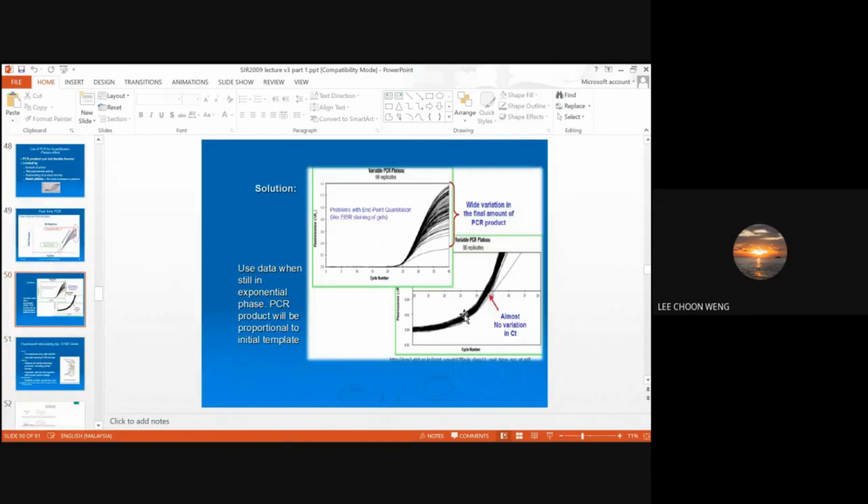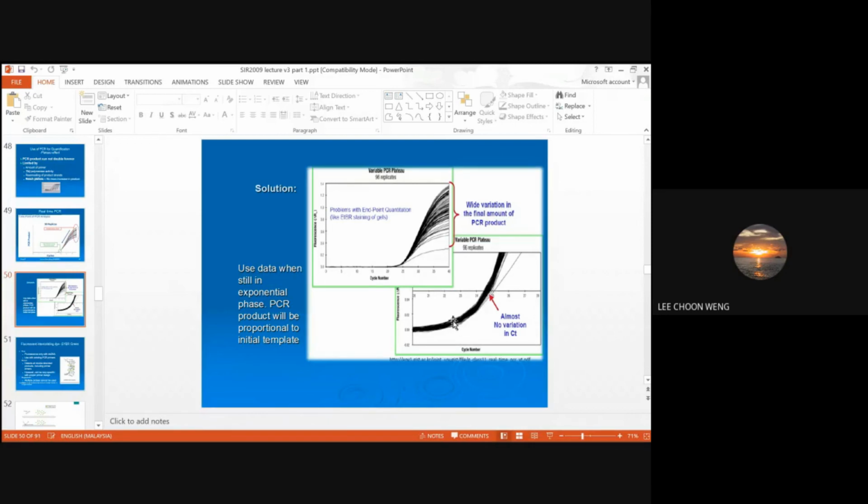Okay, but with these graphs, you realize that with a normal PCR, there is no way you can observe changes like this.